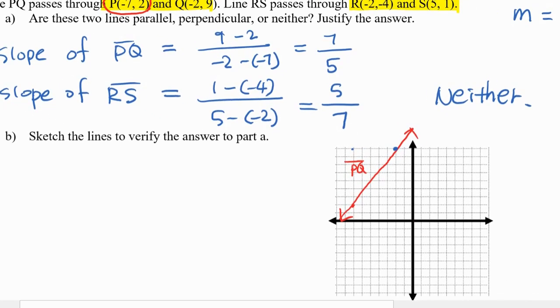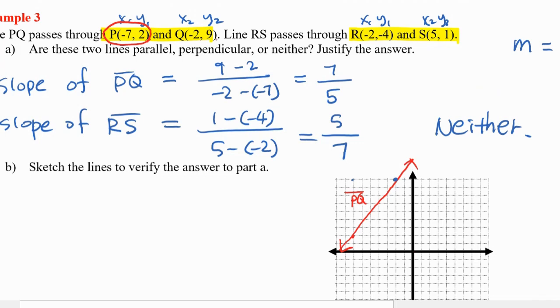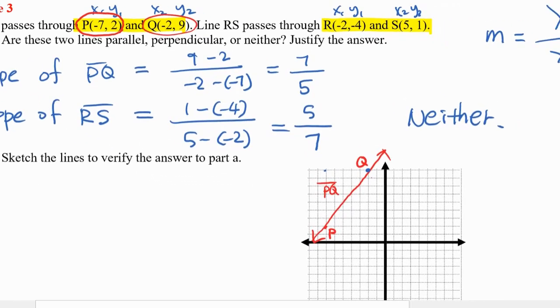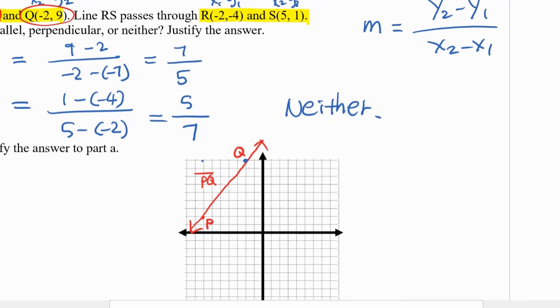Or if you don't want to use rise over run, you can just plot those 2 points and connect them. So the first point, P, should be here, and Q is negative 2, 9. Q is here, right? Line PQ. And RS, R is negative 2, negative 4.